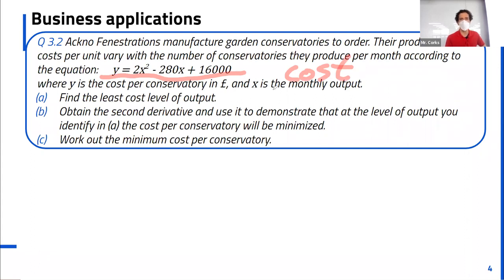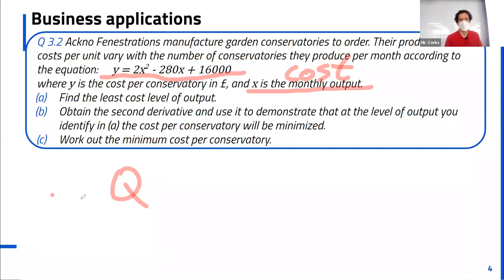So they've given us a definition here. So X is the monthly output. What variable did we usually use for that in class? Q. So just your production quantity. Okay, so this is from a different textbook, so their style of presenting this is a little different.